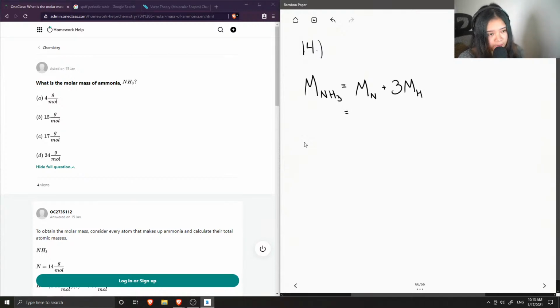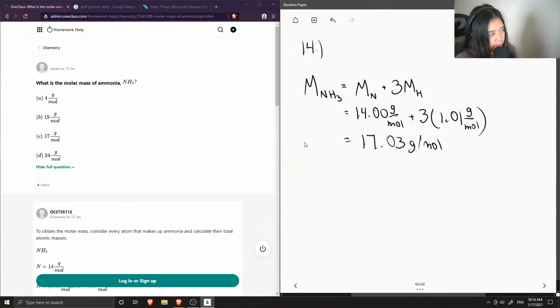So the molar mass of nitrogen is 14.00 grams per mole, and the molar mass of hydrogen is 1.01 grams per mole. So if we add these up, we get around 17.03 grams per mole, which is option letter C in the question.